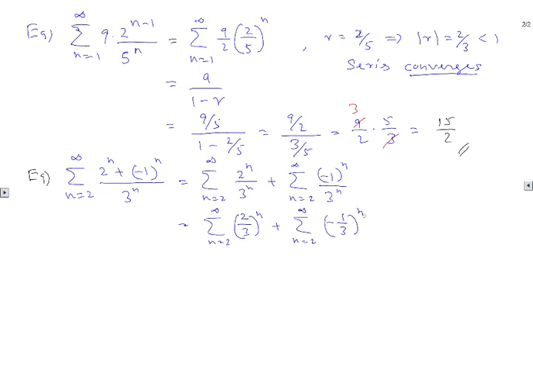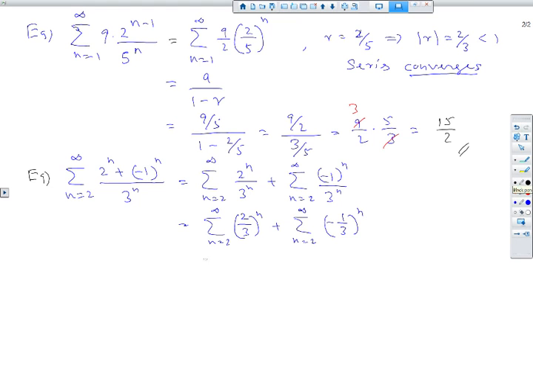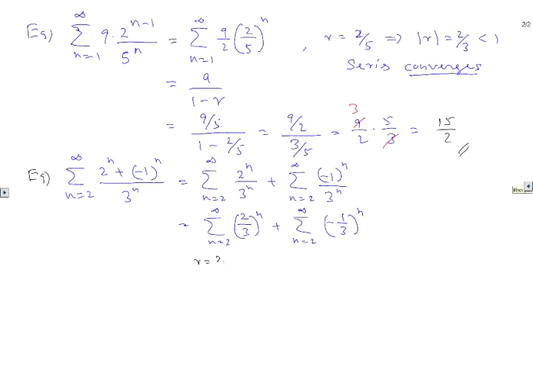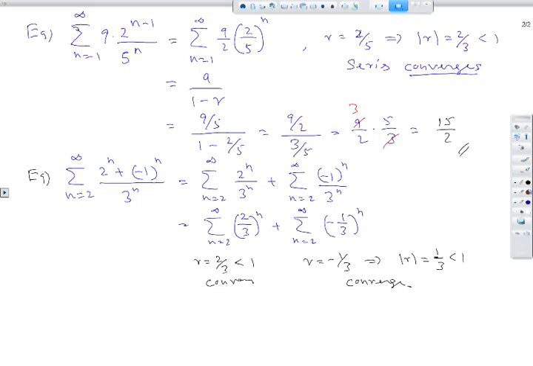Now we know what r is. In the first one r equals 2/3, which is less than 1, so the series converges. And in the other one r equals negative 1/3, that means the absolute value of r is 1/3, which is less than 1, so it converges. So both converge.